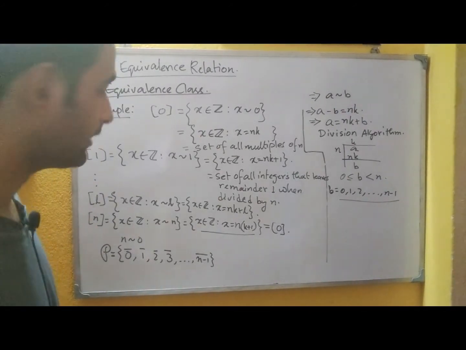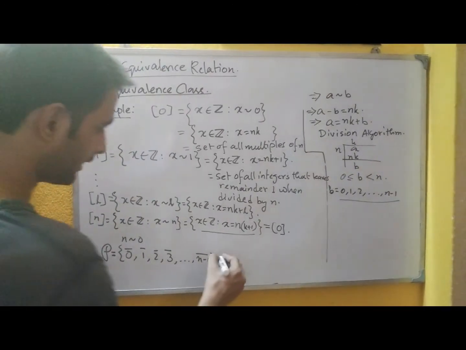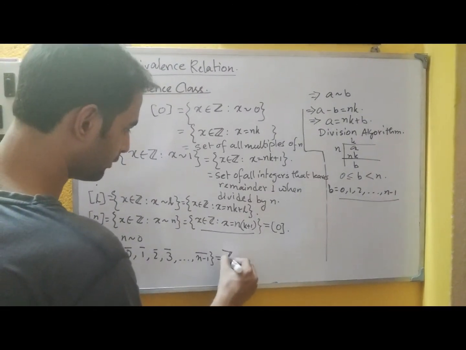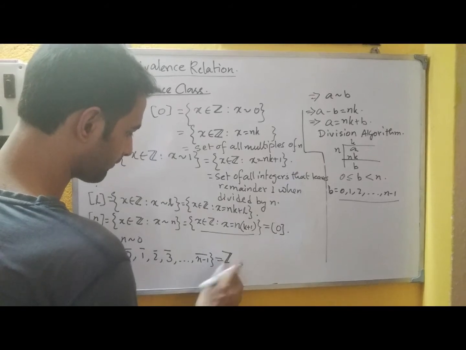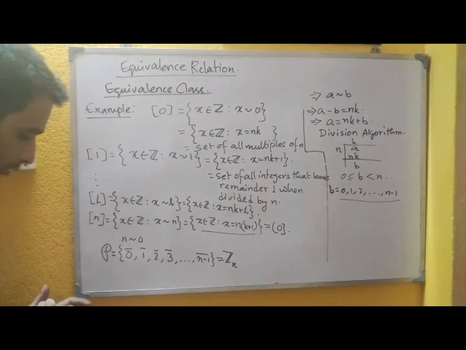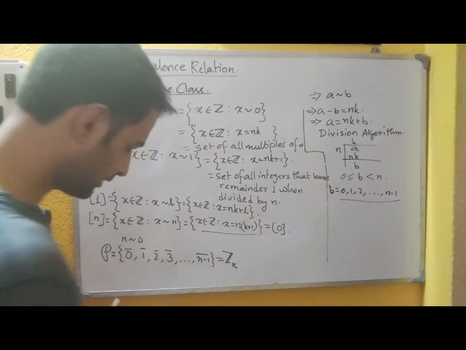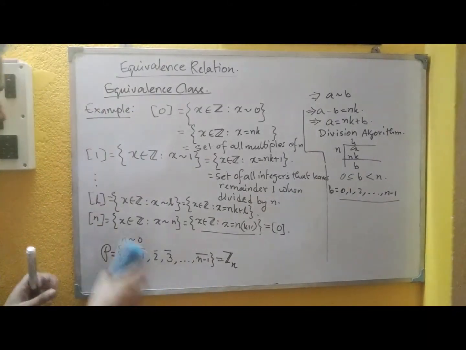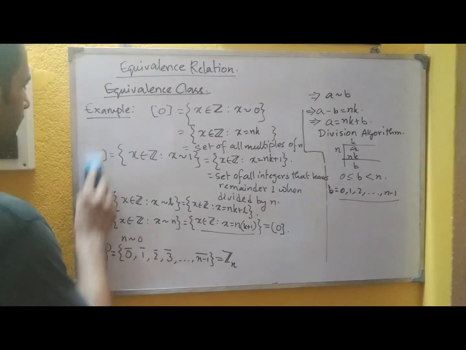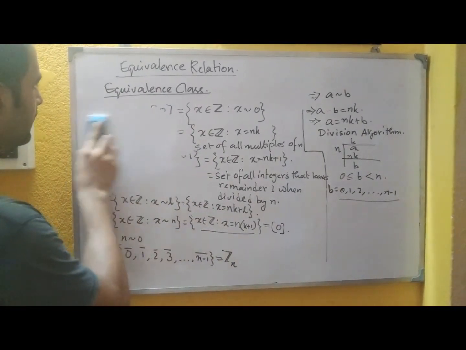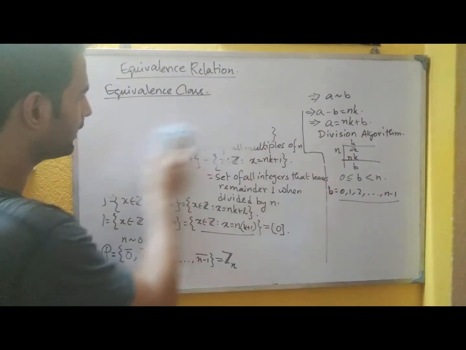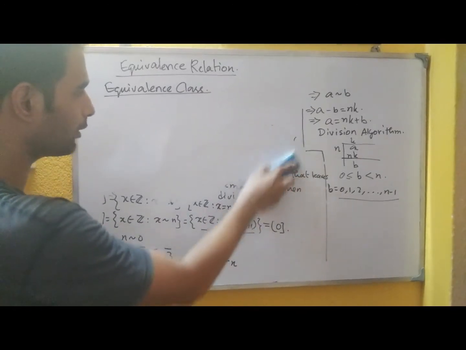The interesting thing is that this set is also denoted by Zn, and there is a beautiful algebraic structure on this. The operation we define for the algebraic structure on Zn is called the addition modulo n that we have done in the chapter binary operations.